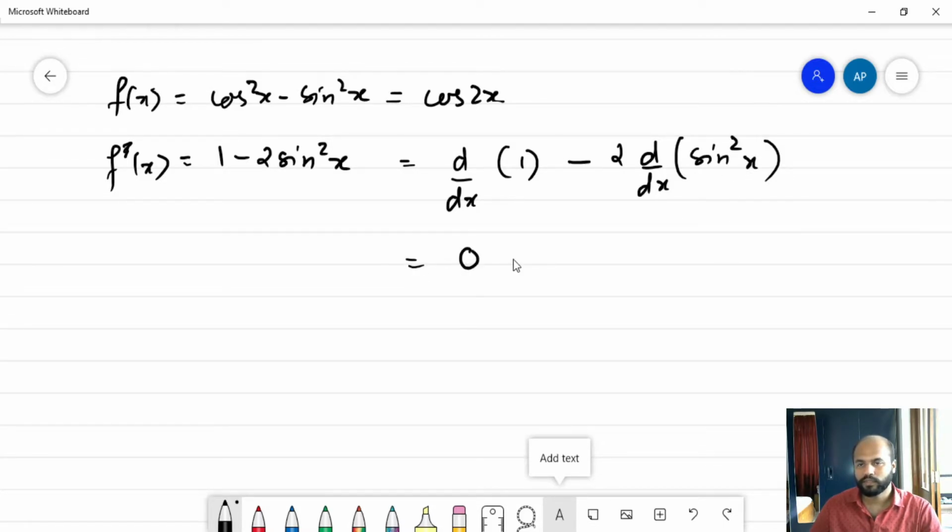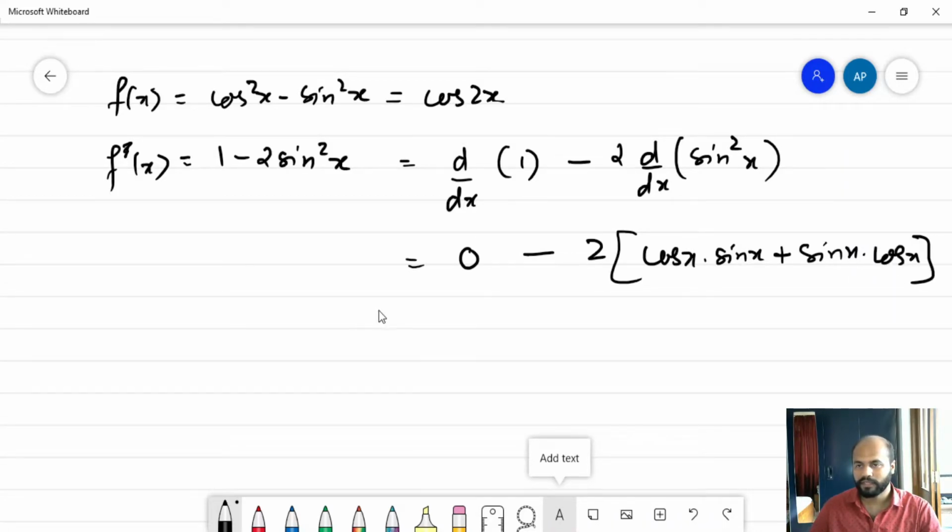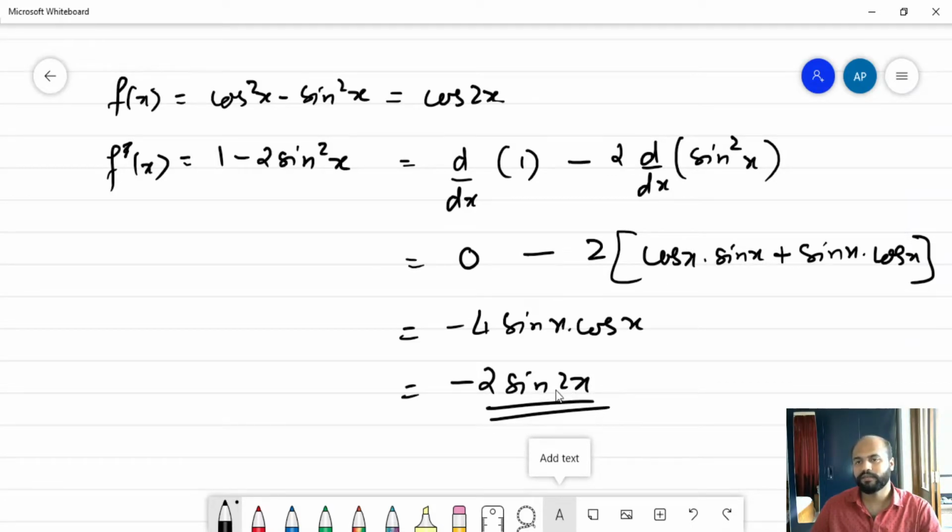So overall, this is going to be 0 minus 2 times sin x into sin x, whose derivative is cos x into sin x plus sin x into cos x again. So overall what we get is minus 4 sin x cos x. If we simplify this, this is going to be minus 2 sin 2x. That is the derivative of cos 2x.